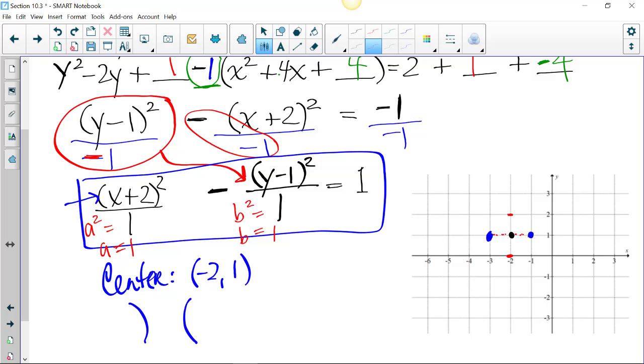So basically I've got a 2 by 2 rectangle, which is technically a square. So when I draw my rectangle, it's a square. So my diagonals have a slope of 1.